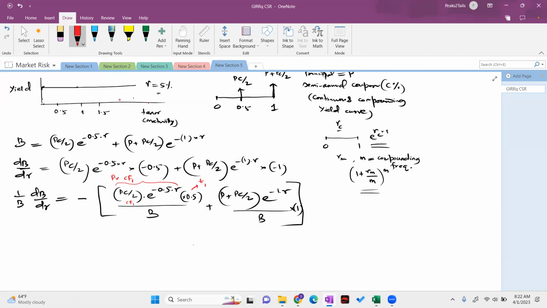Okay, this is the PV of the second cash flow, and 1 is the time T2, the time of the second cash flow.